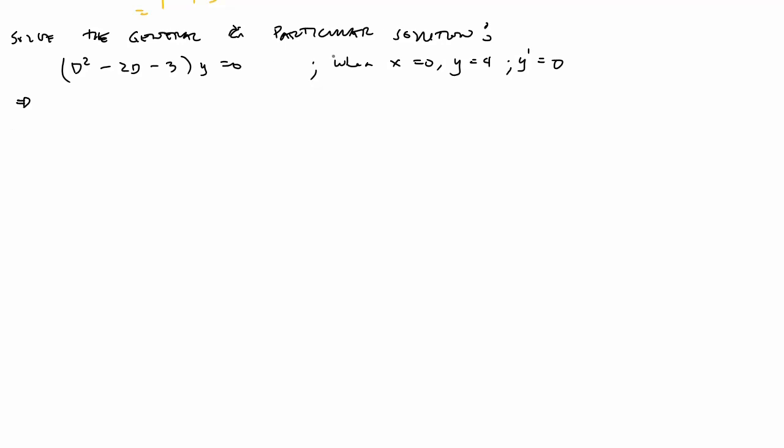And by the way, we also have this initial condition that when x is equal to 0, y is equal to 4, and the first derivative of y is equal to 0.